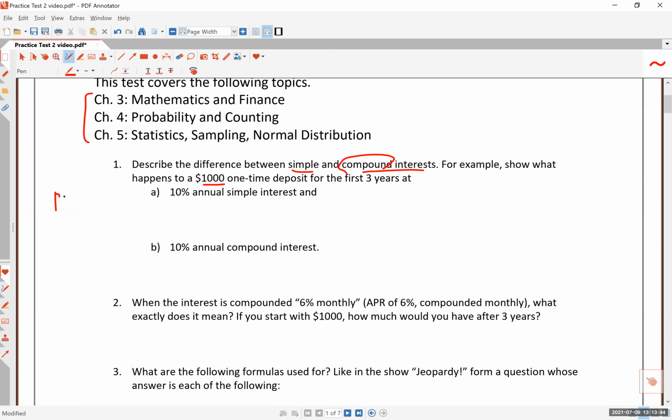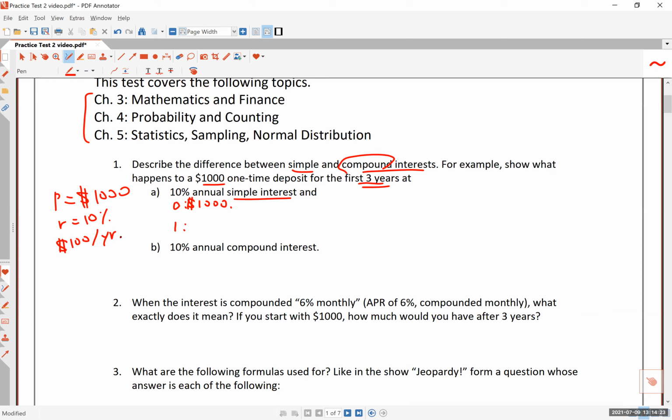So that means P is equal to $1,000 for the first 3 years. Okay, so let's say 10% simple interest. So what's going to happen? Let's write down in year 0, of course, you have $1,000. After year 1, R is 10%, and that means under simple interest, it is $100 a year, right?